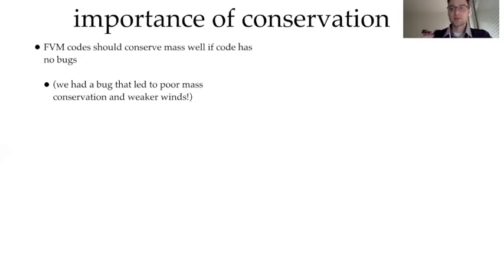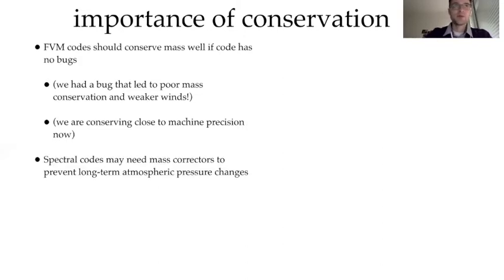Because of the atmospheric pressure loss, we have weaker wind speeds. But now we are conserving mass very nicely to close to machine precision. Now, I have no experience with spectral codes, but I understand that often these models need mass correctors to prevent long-term pressure changes in the atmosphere.